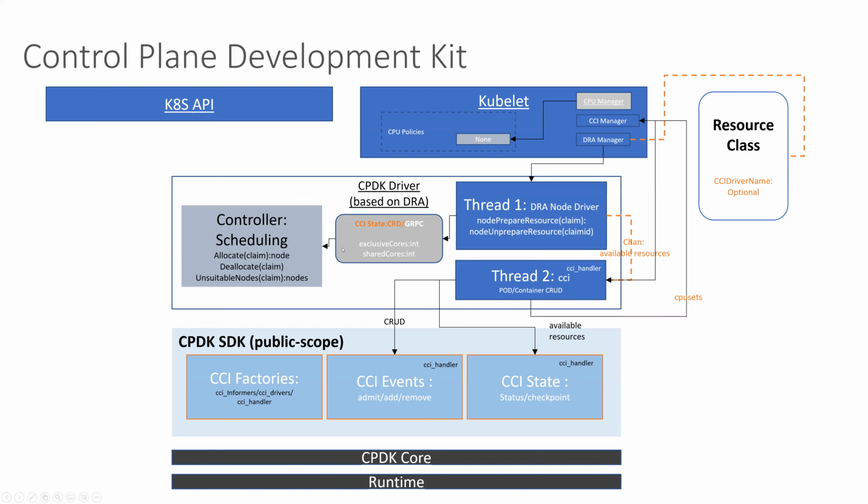This is currently skipped in the demo, but you will see a DRA driver combined with the CCI driver. I have two sets of callbacks: the node prepare callbacks as part of the DRA driver, and another set of callbacks, the admit and remove events, coming from the CCI handlers.